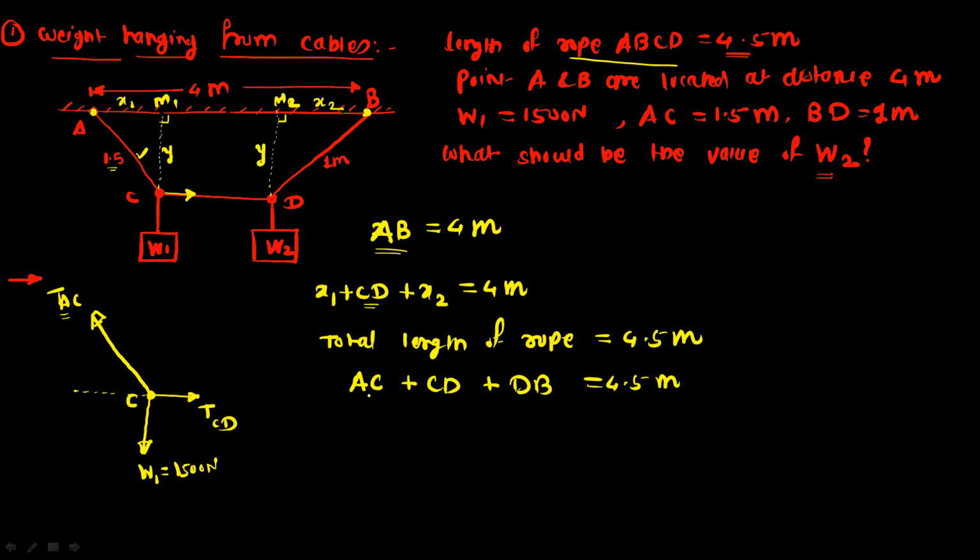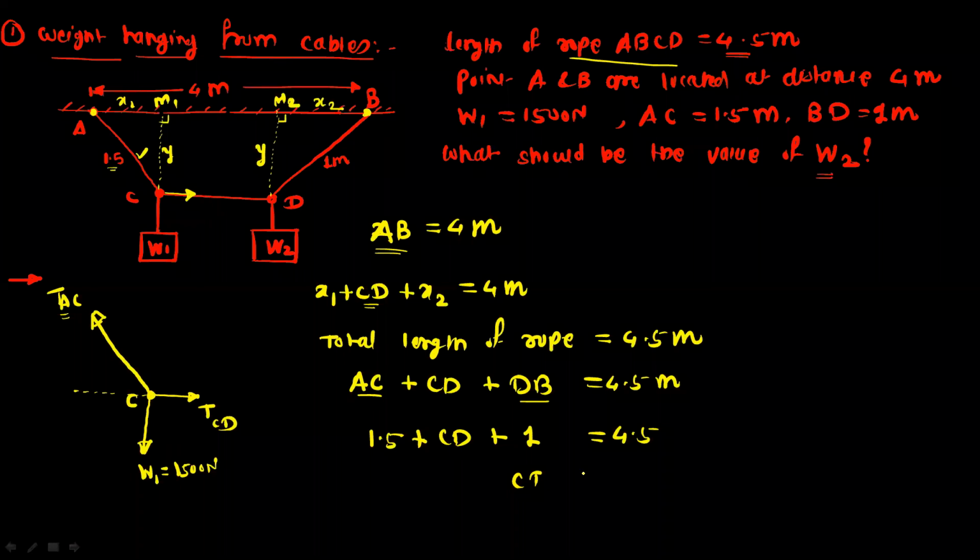AC is given and DB is given, so the unknown value is CD. So we can write AC is 1.5 plus CD plus DB is 1 meter, and this is equal to 4.5.